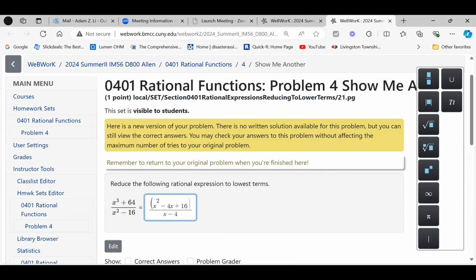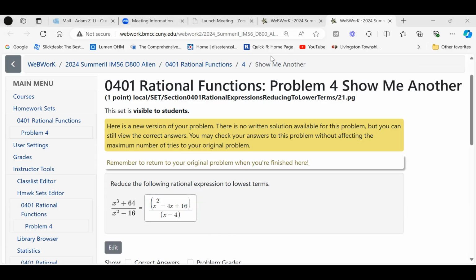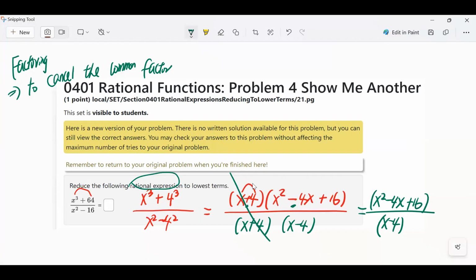And for the top you can just enter x plus 4, x minus 4 equals x plus 4, x minus 4. Yes, we cancel the x plus 4, remember? Going back here, you see x plus 4 is canceled.